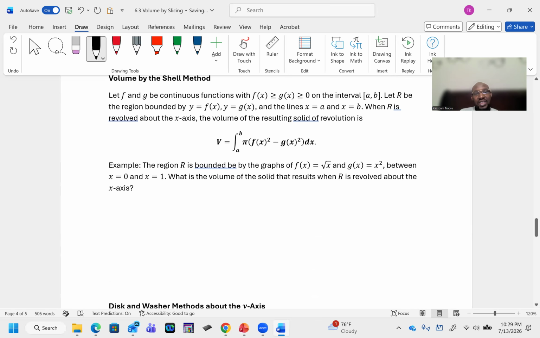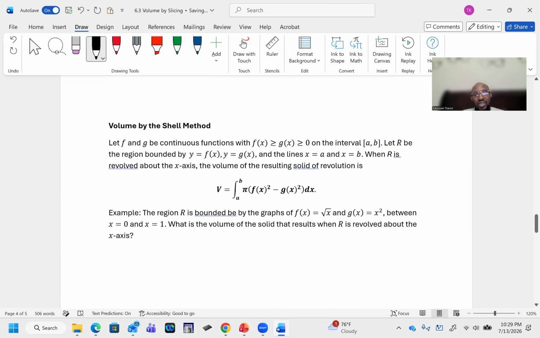Let f and g be continuous functions with f of x greater than or equal to g of x, which is greater than or equal to 0 on the interval [a, b]. Let R be the region bounded by y equals f of x and y equals g of x, and the lines x equals a and x equals b.